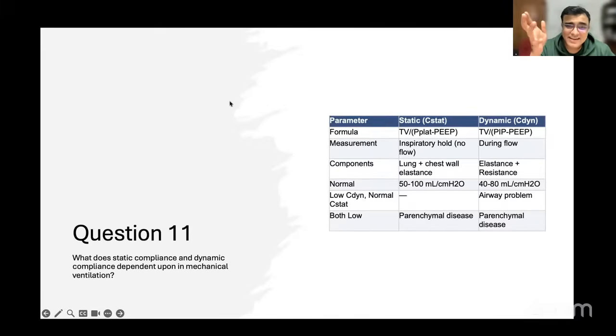I'm not sure what the question was, but these are the components. Static compliance components are basically lung and chest wall elastance, and for dynamic compliance, the components are elastance plus resistance as well. The airway resistance is also in the dynamic compliance.